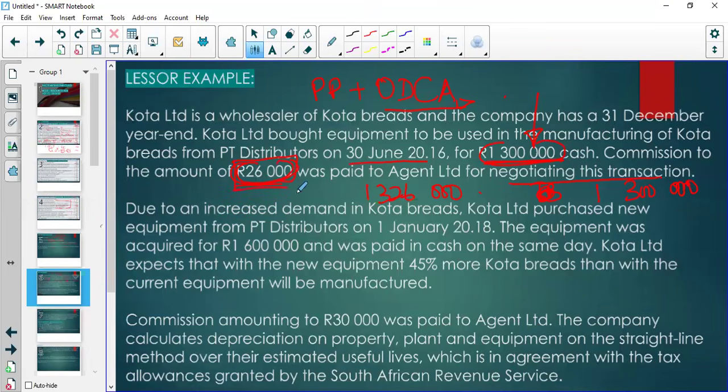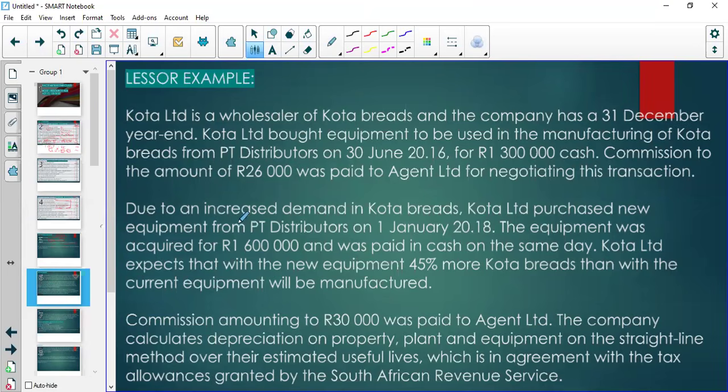So when we calculate wear and tear on this equipment, we calculate it based on the 1,300,000. But when we calculate depreciation, we calculate based on 1,326. So that's already a difference. I hope you can make sense of that, because you didn't read this in advance, so you need to be able to follow with me as I go.